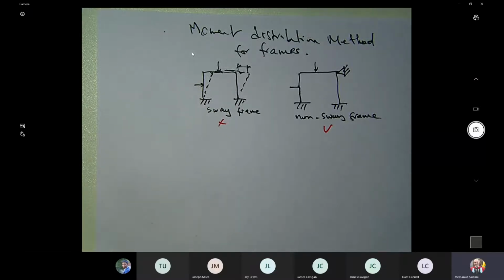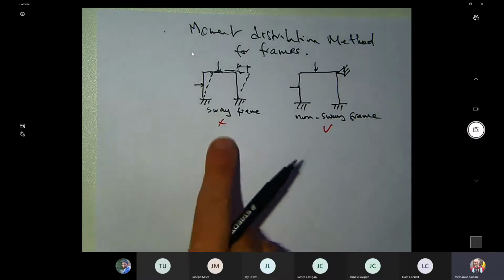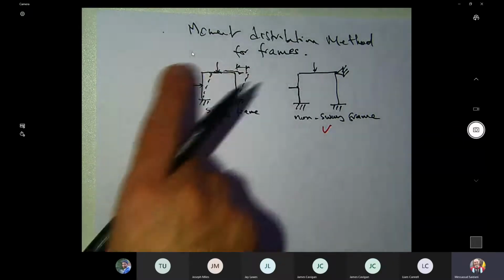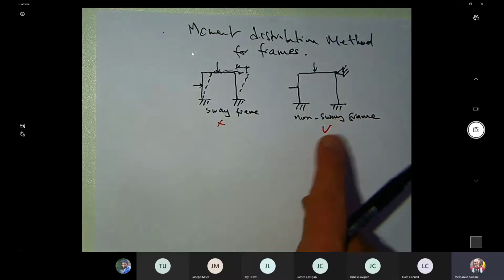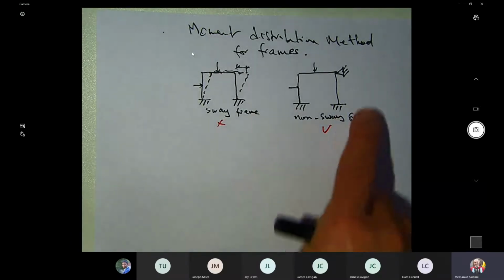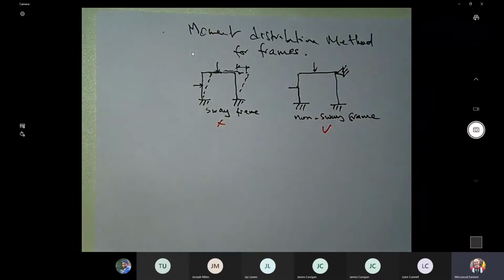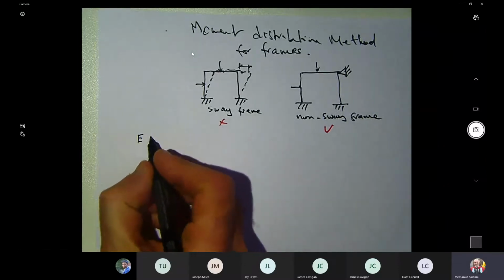You have to do two tables. It's very long, quite lengthy. So we're not going to cover, we haven't got the time to cover that. I would love to, but we haven't got the time. So I'm going to focus on non-sway frames where the lateral movement is prevented. Is that clear?